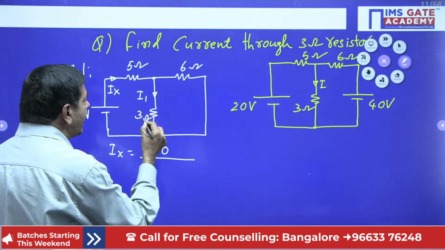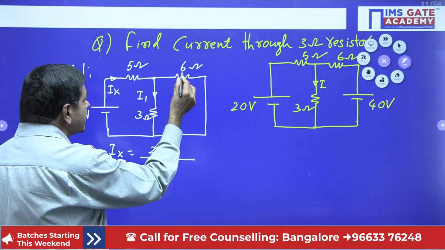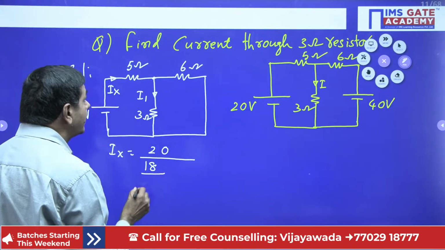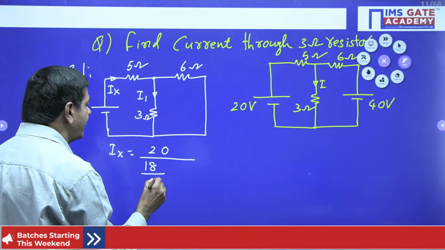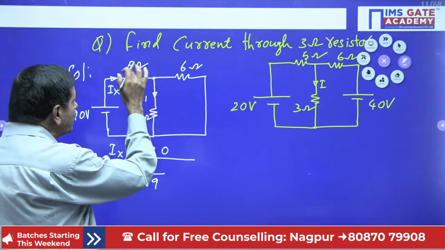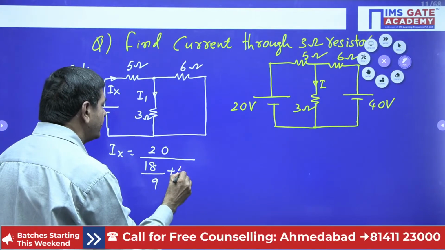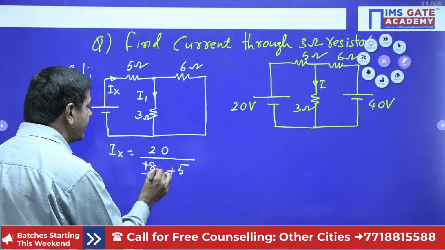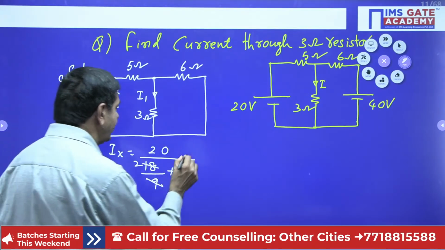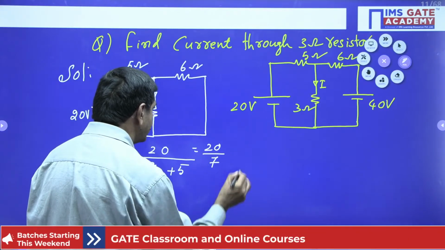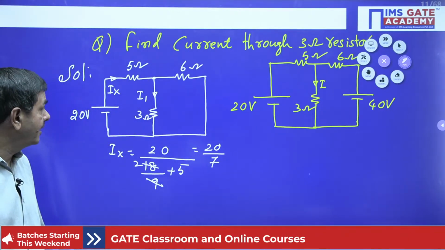These two are in parallel: 6 into 3, 18, divided by 6 plus 3, 9. This I simplify, and in series with 5 ohms, plus 5. The 9, 2 times I can cancel here, and finally I got 20 by 7.